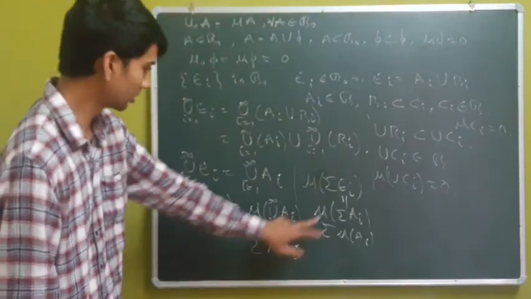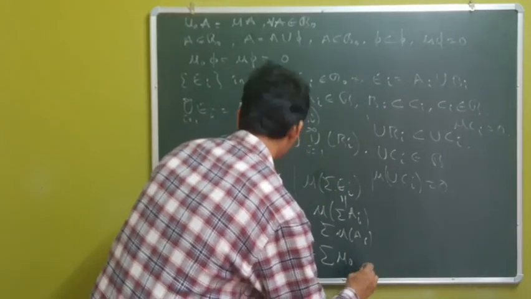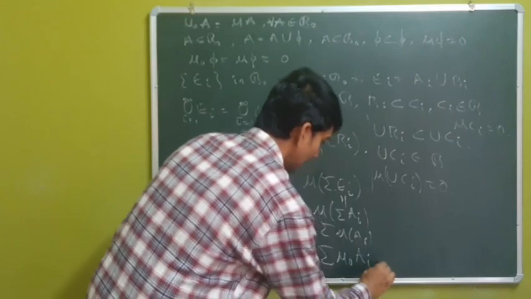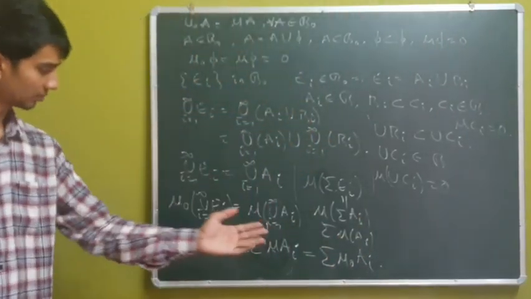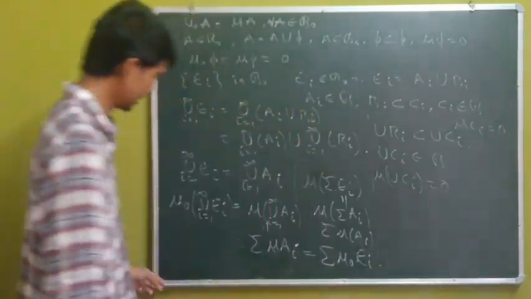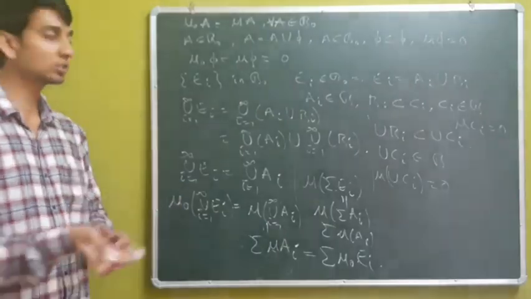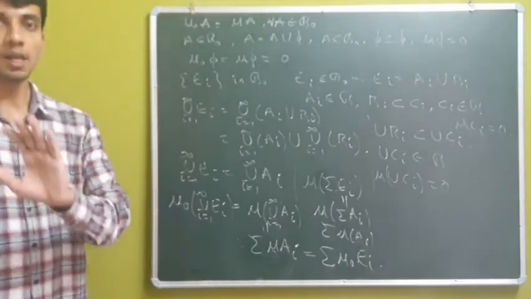Since this is equal to this, I have the summation of mu naught of the E_i. Sorry, this is A and this is E. So this clearly implies mu naught is countably additive, which proves that mu naught is a measure.